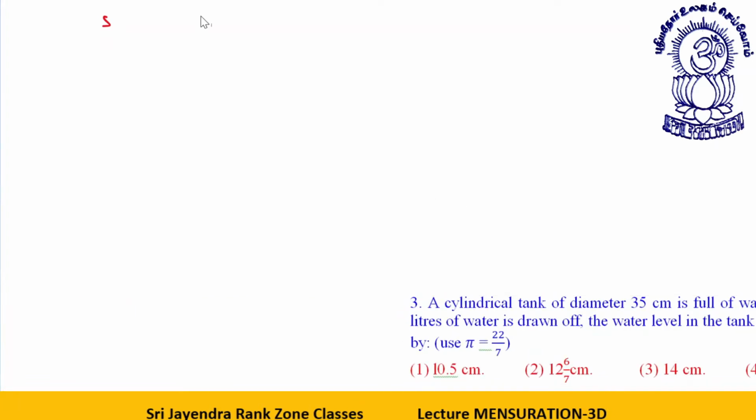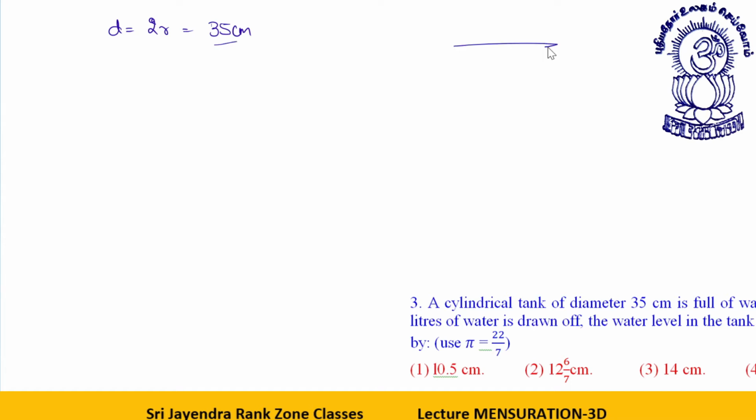a cylindrical tank of diameter is equal to 2r is equal to 35 centimeters full of water. If 11 liters of water is drawn off, the water level in the tank will drop by. See, what is happening? This is a cylindrical tank.